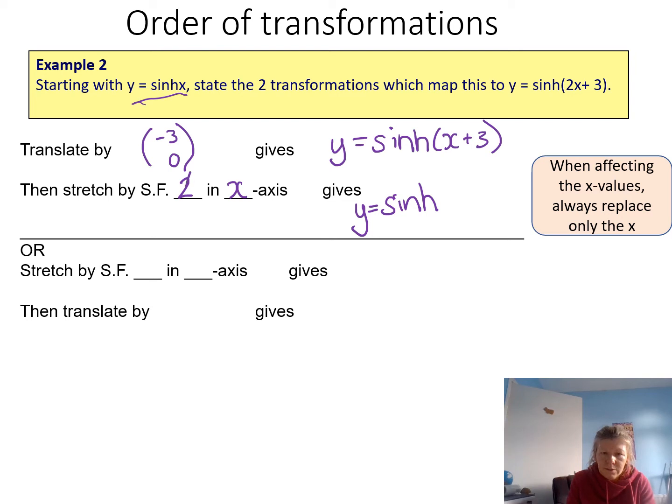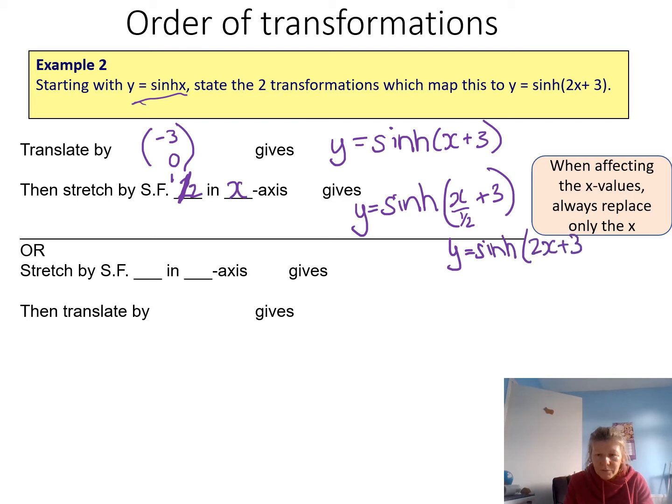Stretch by a half in the x direction. This would give us x over a half, when we put over whatever the stretch is, plus 3. And that, when you whip the half up, gives you y equals sin 2x plus 3. So no worries there.